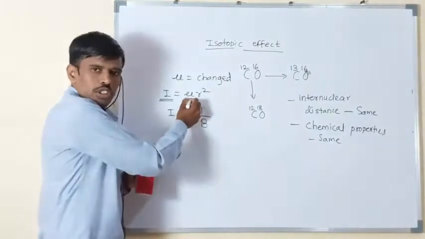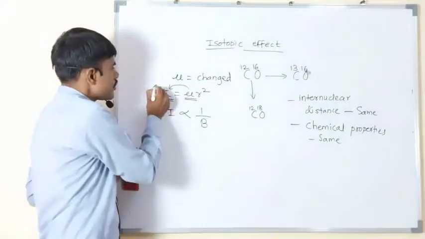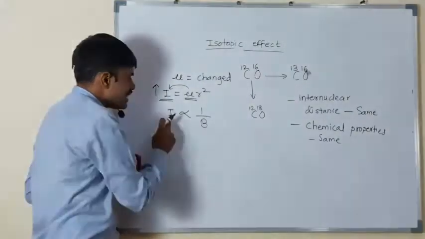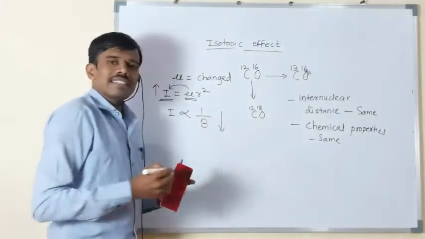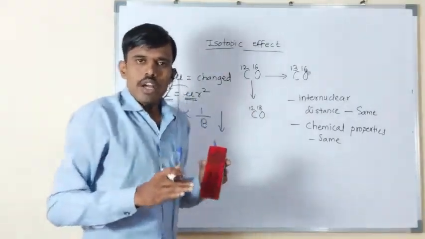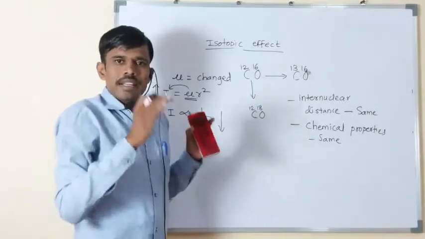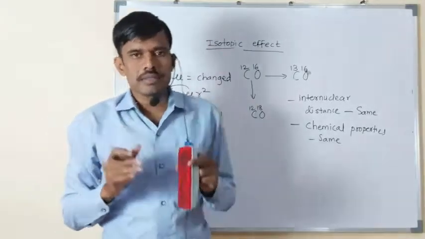Due to increasing reduced mass, moment of inertia I will increase. Due to increasing I, B decreases, that is rotational constant value decreases, that is rotational constant B decreases with increasing isotopic mass.